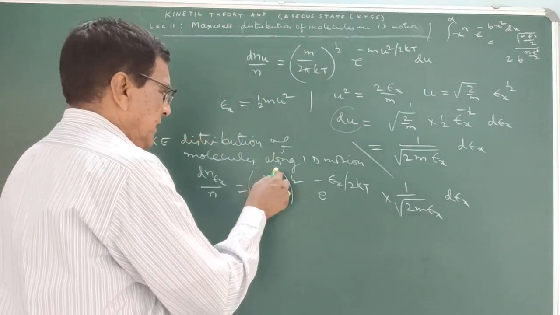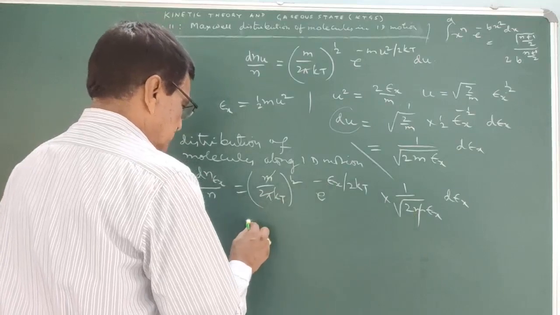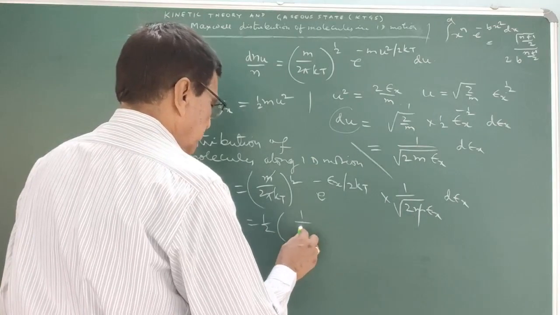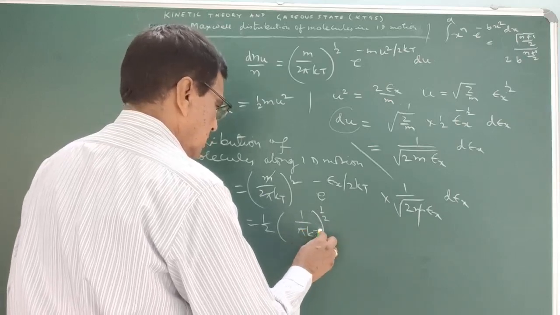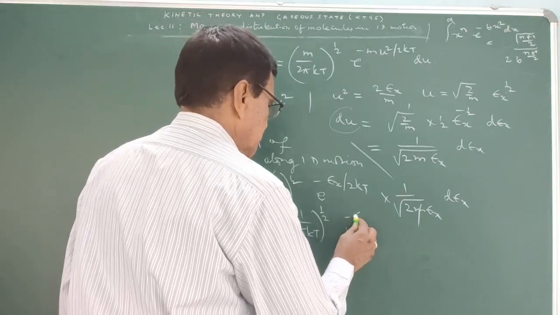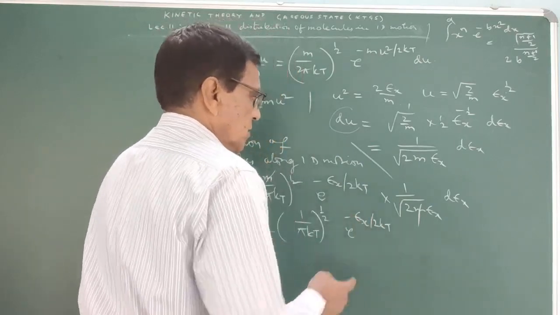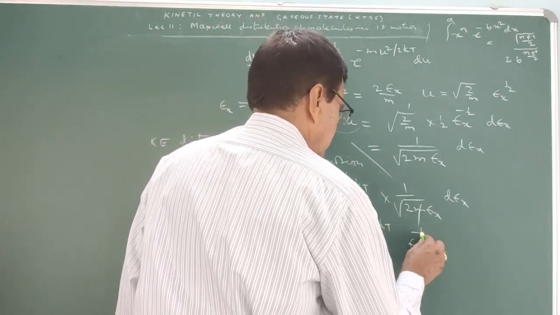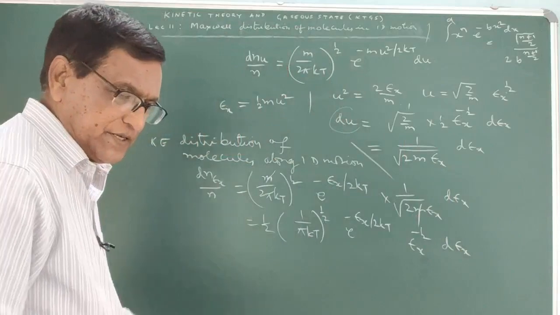You see here m and m cancel, and root over 2 and root over 2 it becomes half, and 1 by pi kT to the power half into e to the power minus epsilon x by twice kT, into epsilon x to the power minus half and d epsilon x. So this is the kinetic energy distribution.